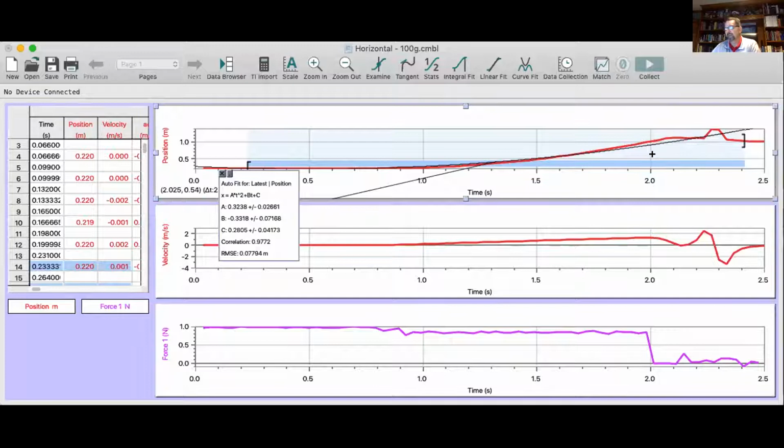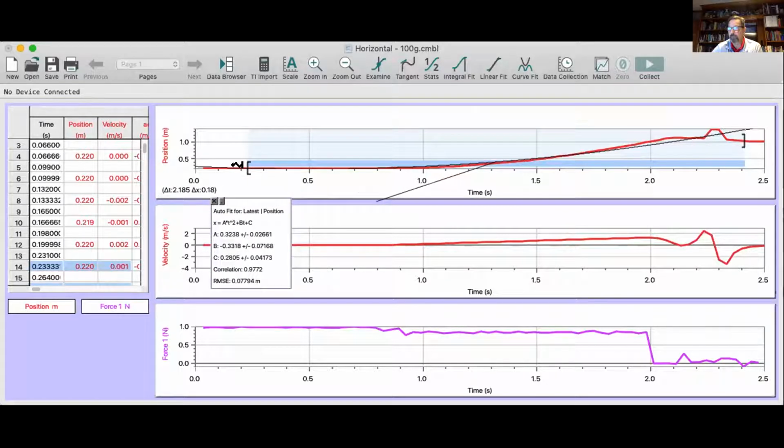It doesn't really match the data very well, does it? That's because I'm using points where the cart wasn't moving. You can see the cart is pretty much at rest until almost a second, which is where it starts moving. That's the lag between hitting the collect button and letting the apparatus actually move. So ignore all this. And once you see that bracket right here, you can pull it.